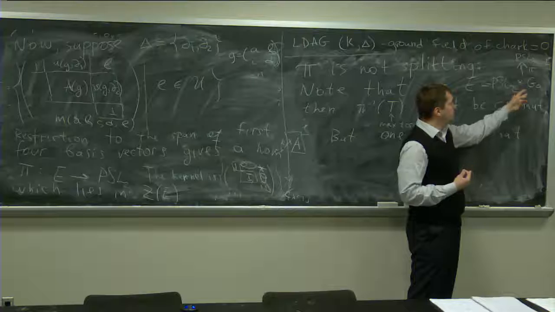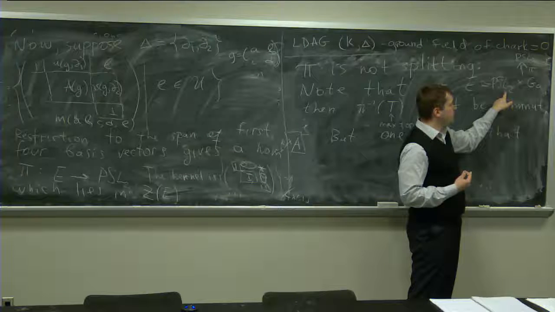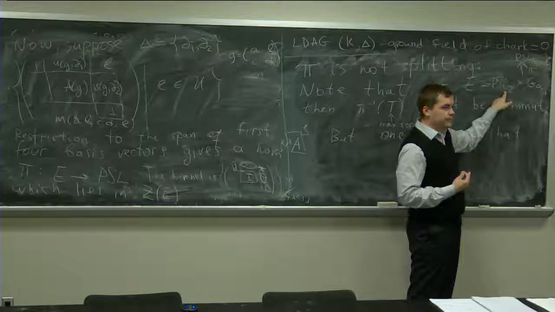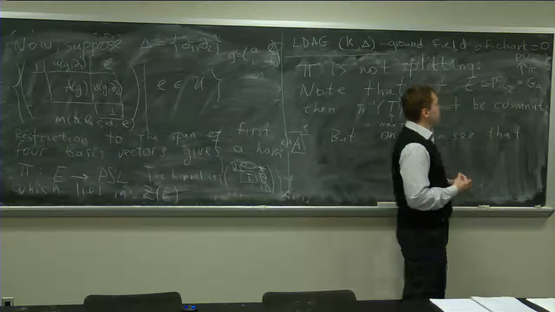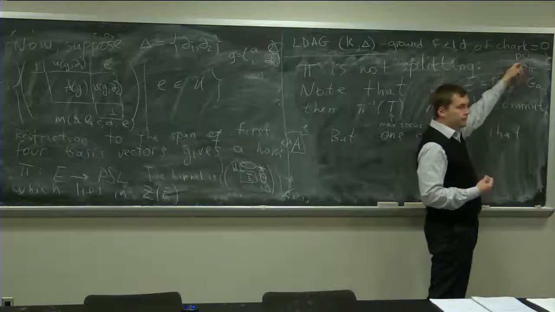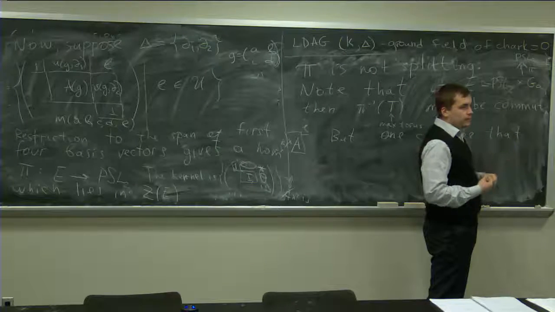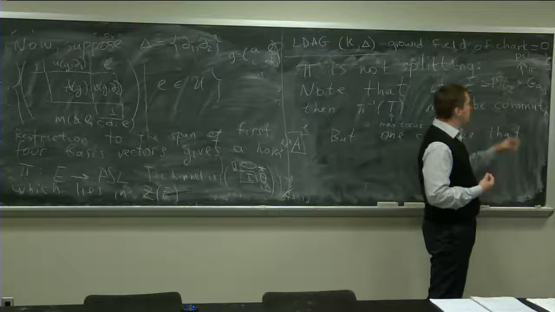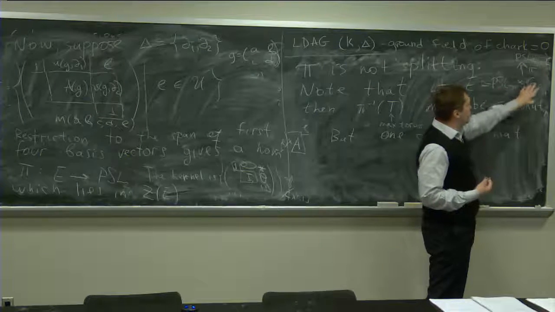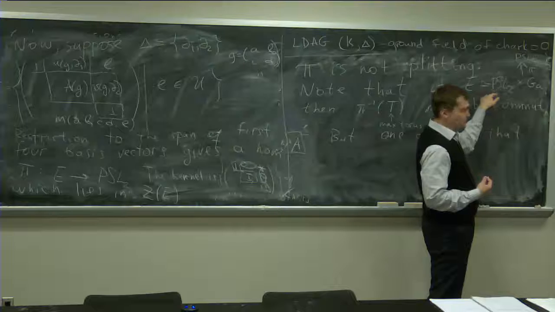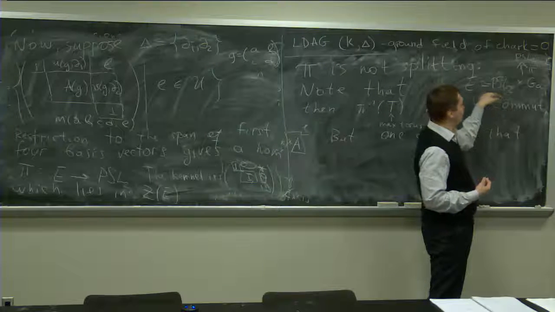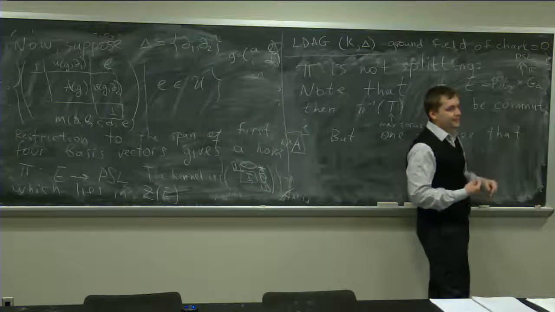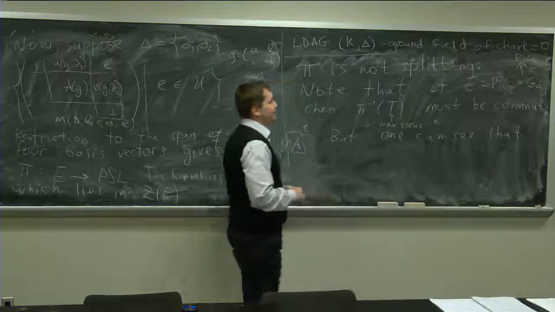And pi can be represented as the projection on the first factor. And in this case, the preimage of anything is just this factor times the set we took here. Well, okay.